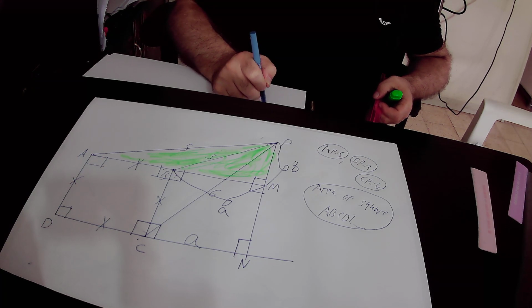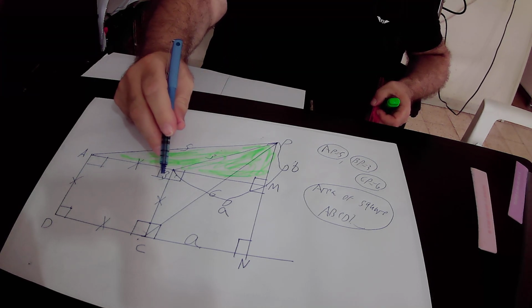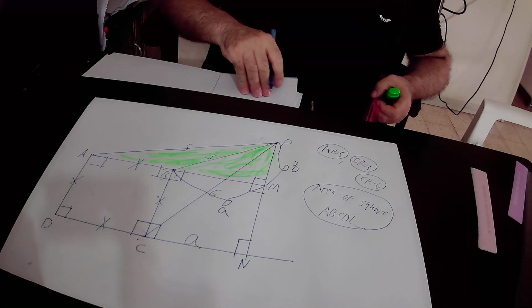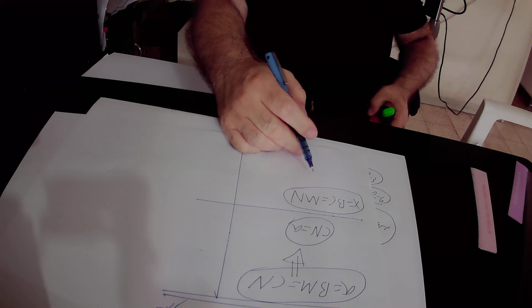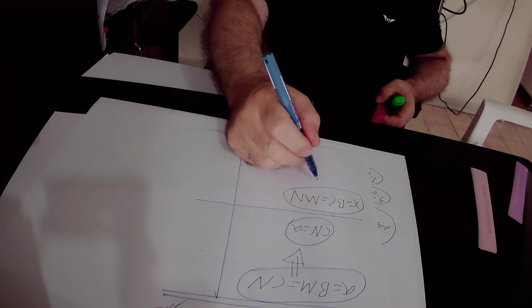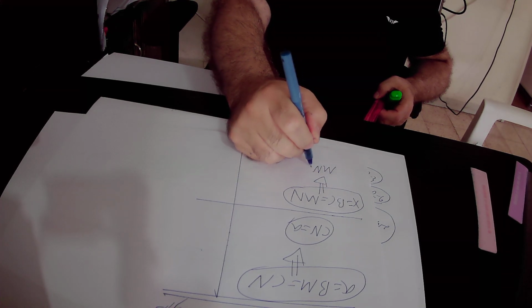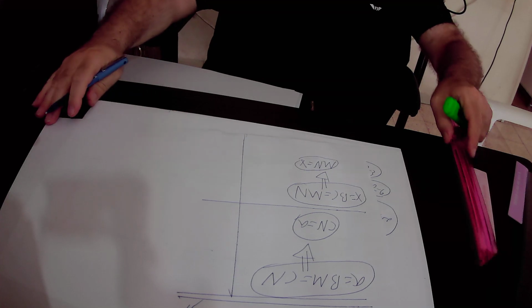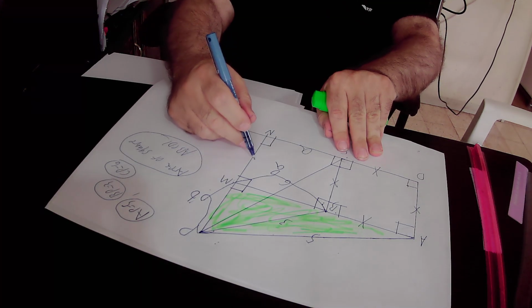BC equals MN, but according to our definition, BC equals X. So BC equals X, and from this equation, X equals BC equals MN, we will derive that MN is also equal to X. MN is equal to X.